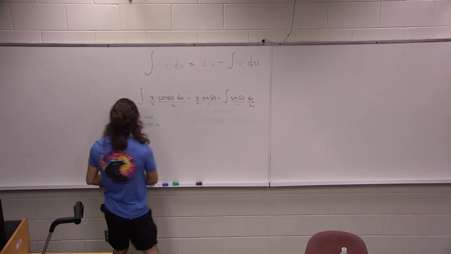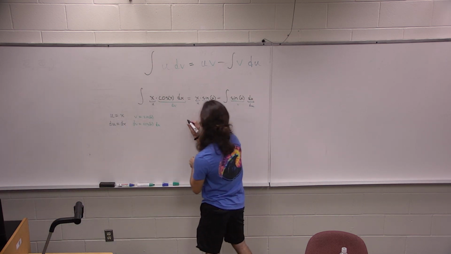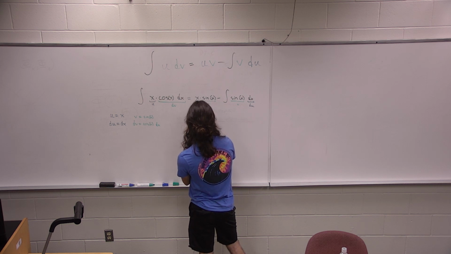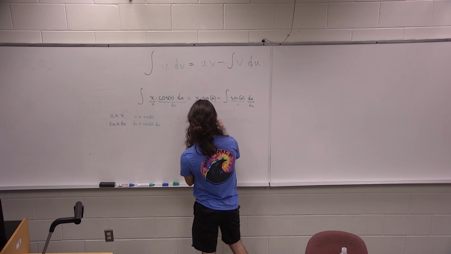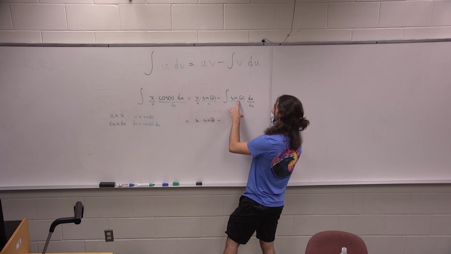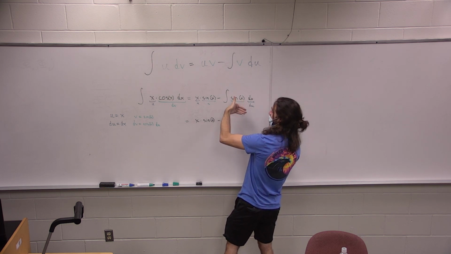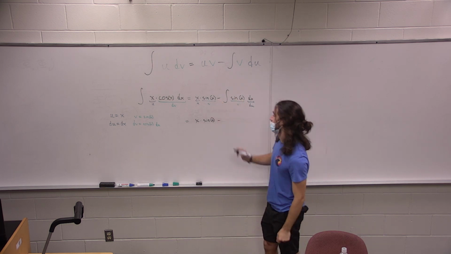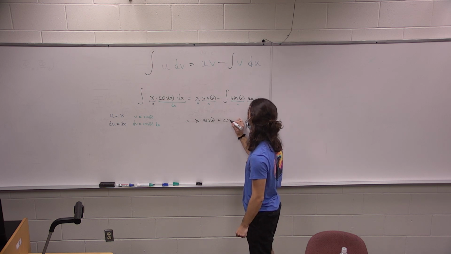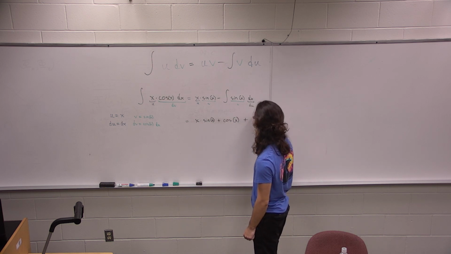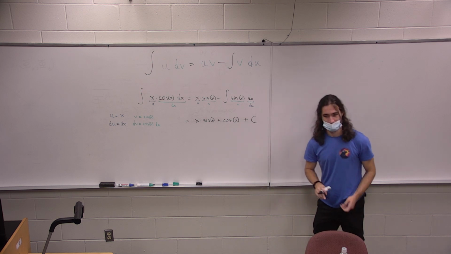So here we are. We should be in good shape now because this integral is easy. The integral of sine, or the antiderivative of sine, is negative cosine, but since it was already negative, that's going to make it positive cosine. So there you go.